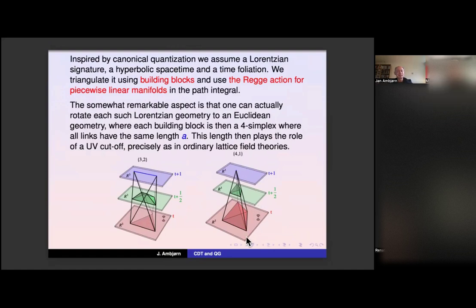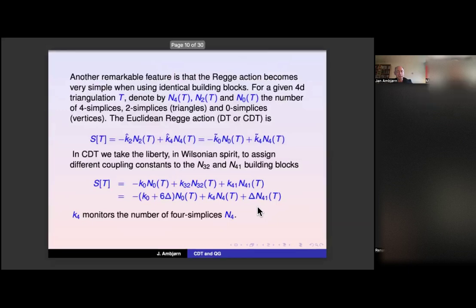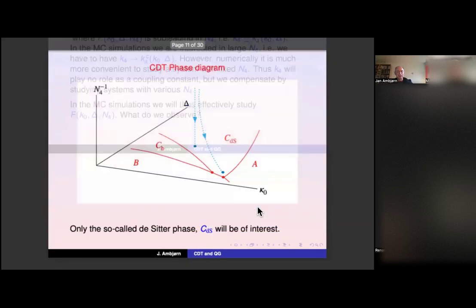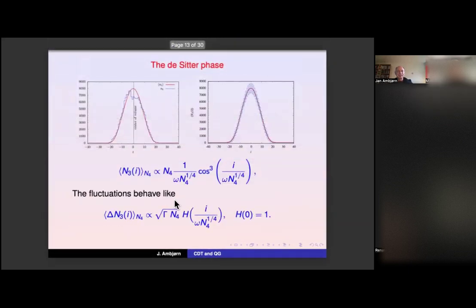So for each time slice, this is easy to measure in the simulations. This histogram is a snapshot of a configuration. The time is chosen here to be 80, and the number of four-simplices is 362,000, and you see a histogram like this.